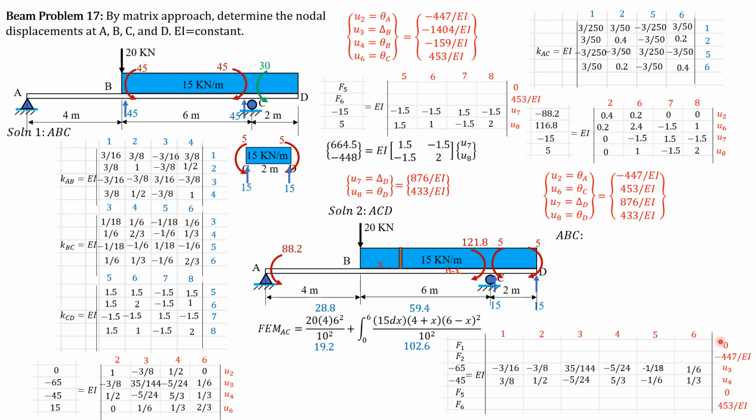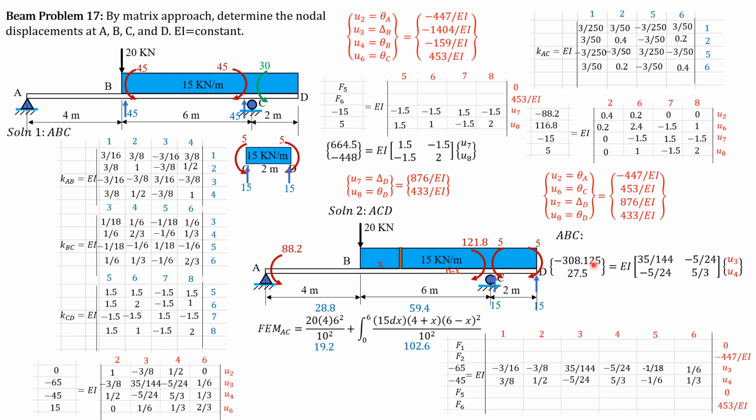So theta A, U2, negative 447 over EI, and theta C or U6, 453 over EI. Then delta A 0, delta C 0. Then unknown delta B and theta B. So negative 65 minus 3/8 of 447, because this is positive transpose of minus 3/8 of 447, then minus 1/6 of 453. So the new force value would be negative 308.125.